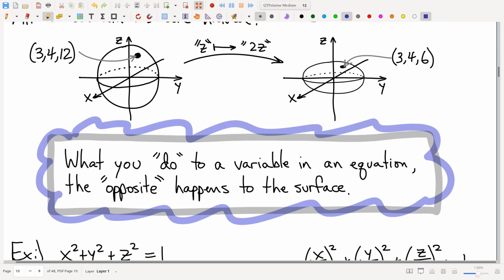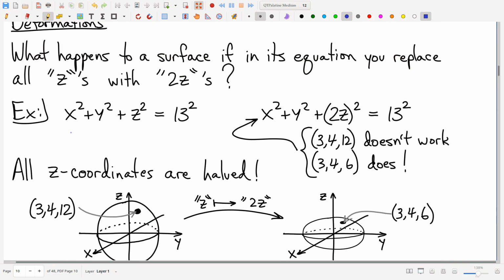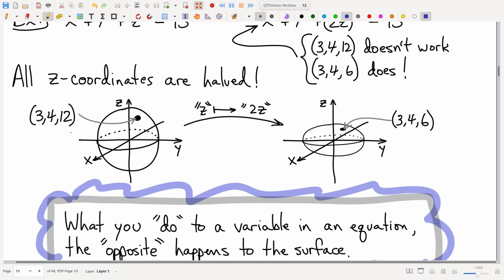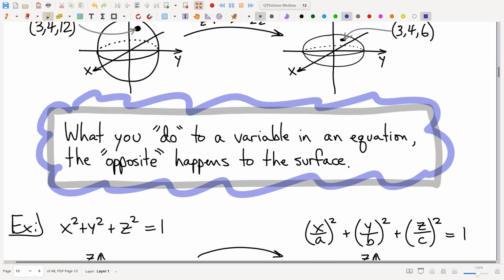Whatever you do to a variable in an equation, the opposite happens geometrically. Going back up to the details, what I did to z was multiply that z variable by 2, and the upshot was that geometrically all the z coordinates get divided by 2. So it's the opposite of what I did to the surface.